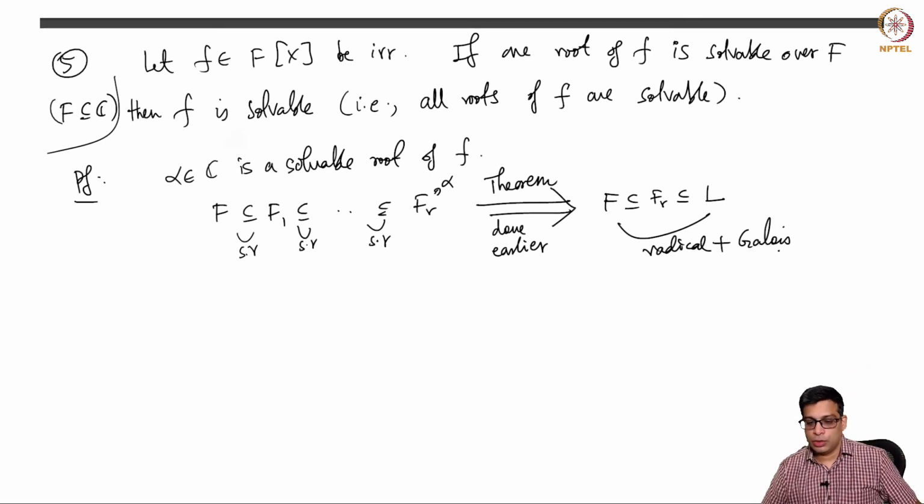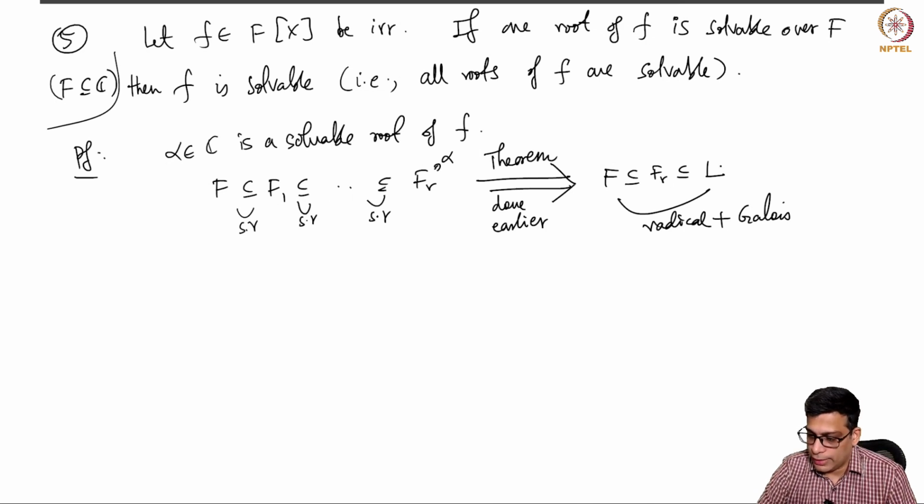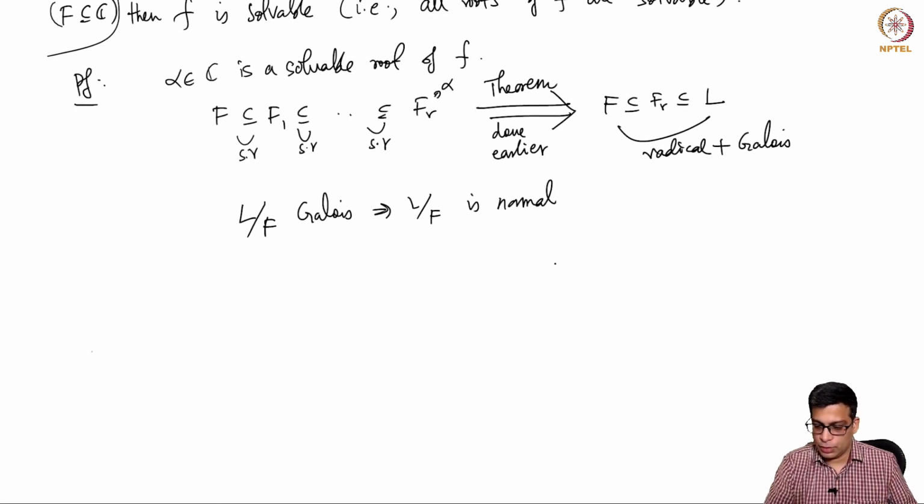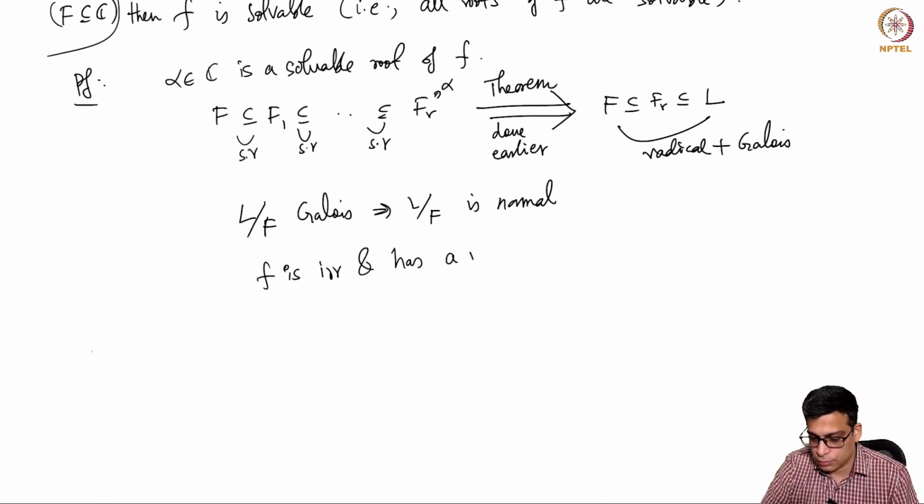But now L over F is Galois implies L over F is normal, and f is irreducible and has a root.